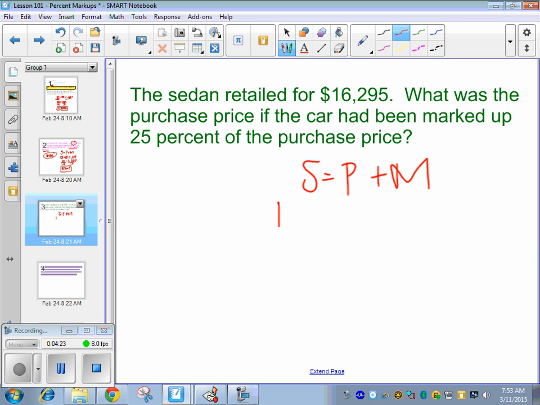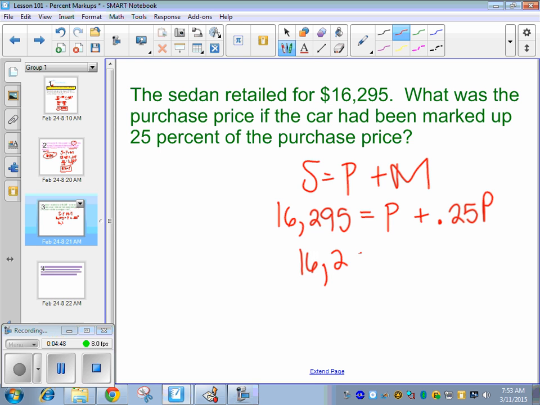So selling price is $16,295. We're looking for the purchase price, and it was marked up 25% of the purchase price. So similar to the last problem, we just had a different vocab word in there with retailed.